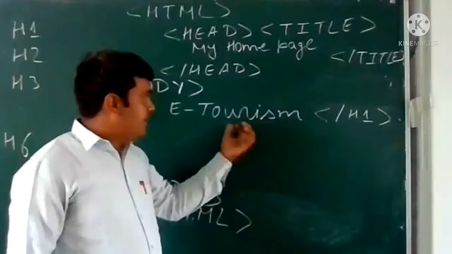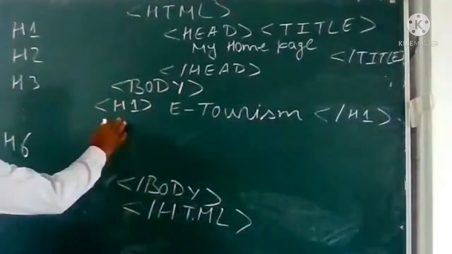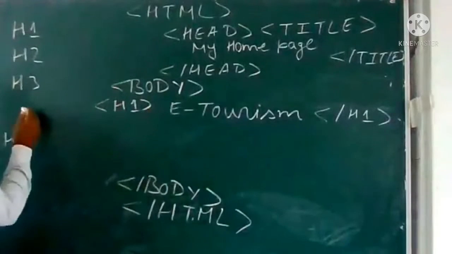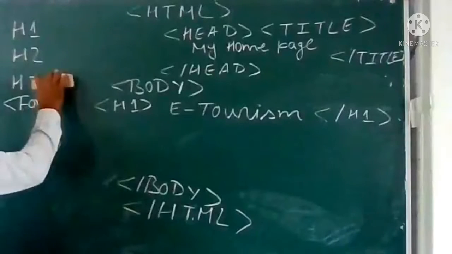Now to make its color red, this text make it red, you have to use the font tag. So now we write the font tag open. Font. We use the color attribute here, inside the angle bracket.